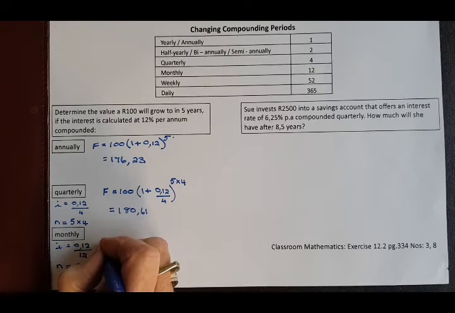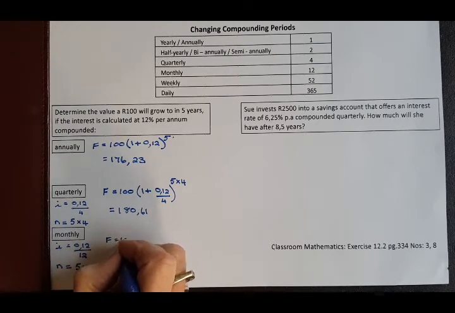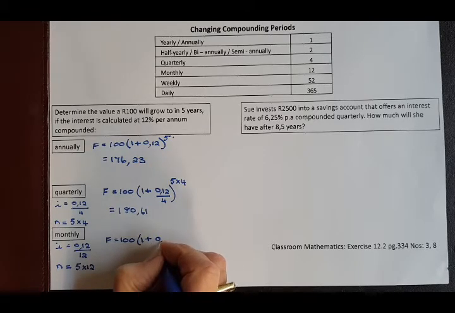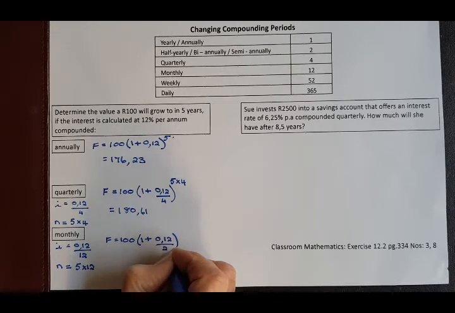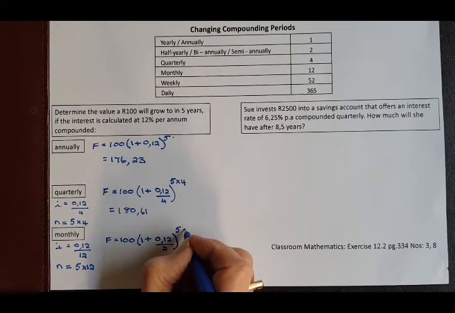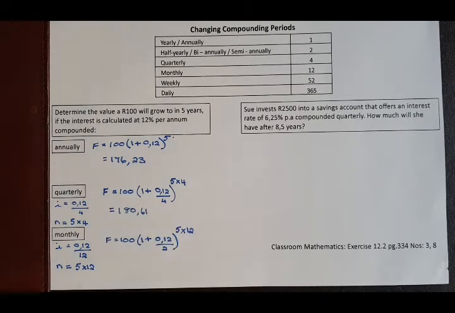So our future value here would be the 100, 1 plus my interest rate, which is 0.12 divided by 12. I'm doing calculations for 5 years and I'm doing 12 calculations per year. Sorry, that's divided by 12, not divided by 2.